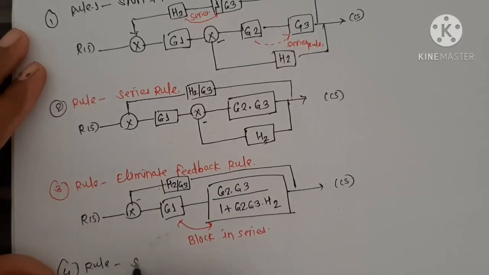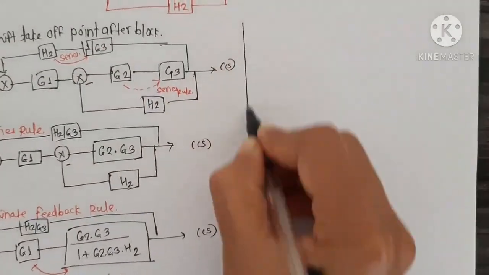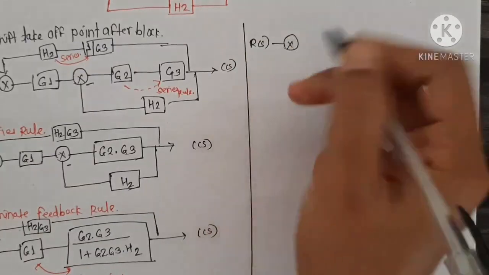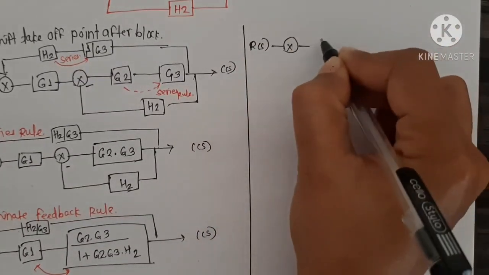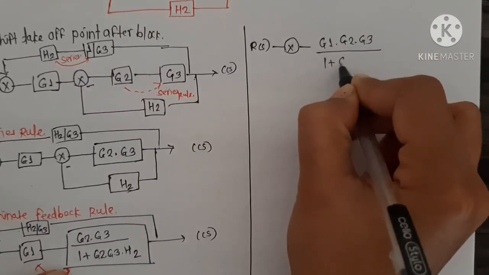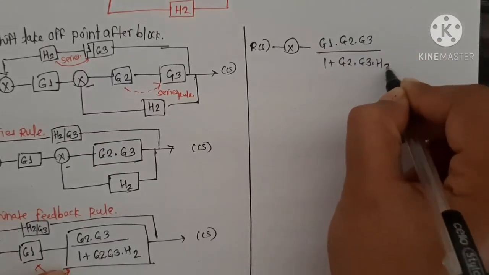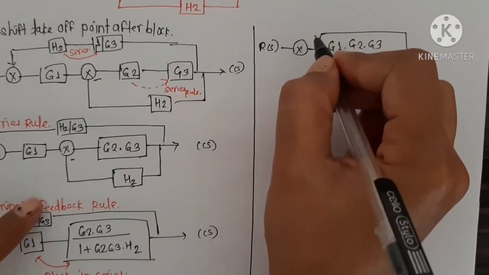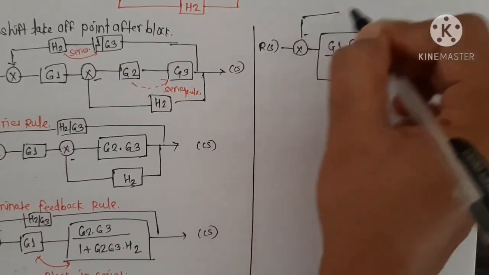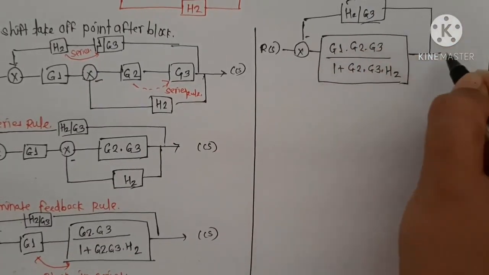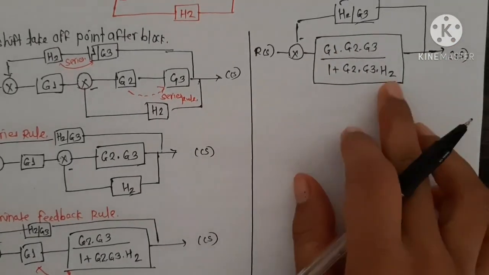After applying the series rule, our diagram is: R(s), one summing point, after that G1 G2 G3 upon 1 plus G2 G3 H2 as a whole block, and this transfer function as it is, with negative sign, H2 upon G3.